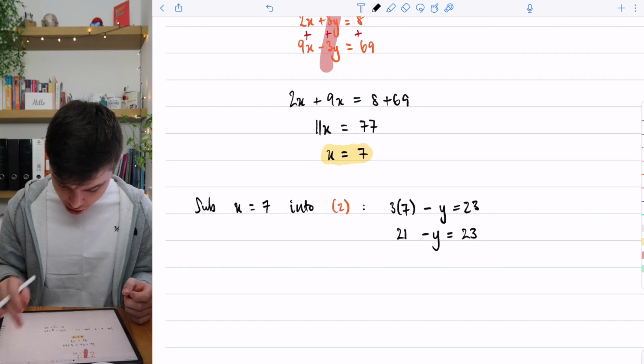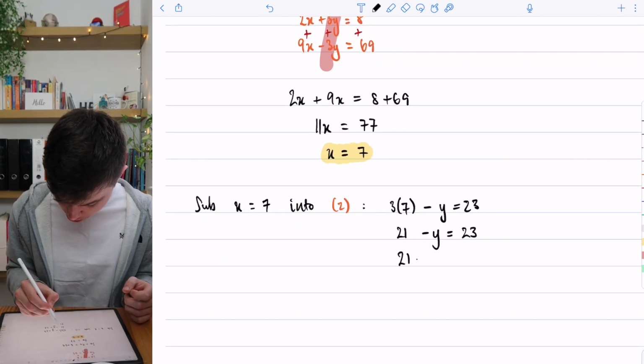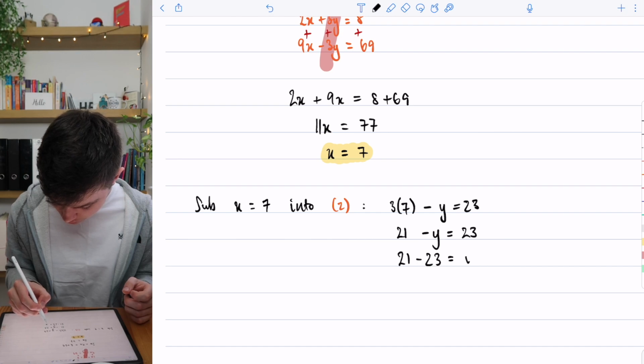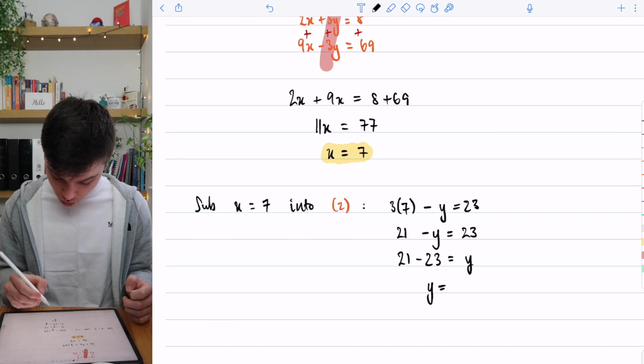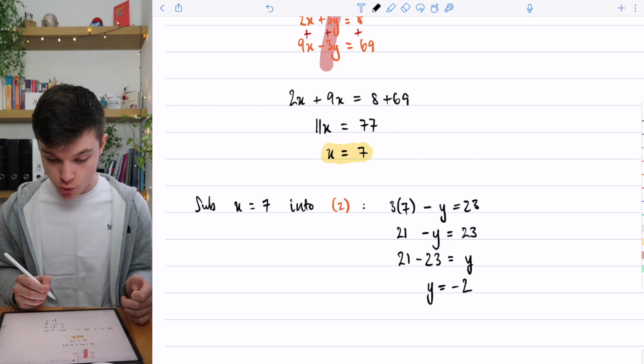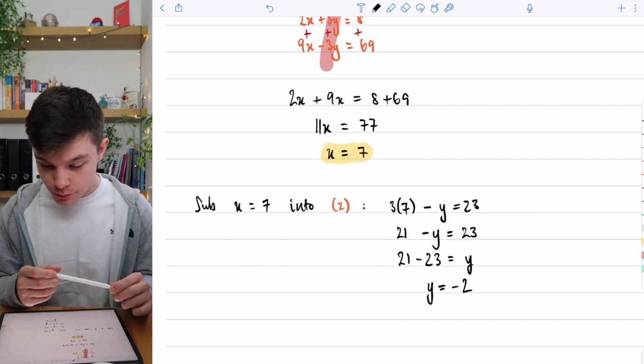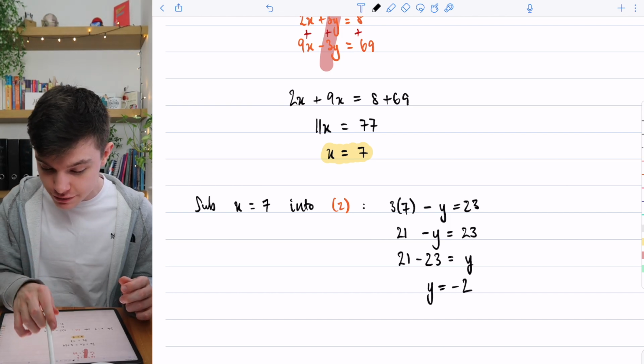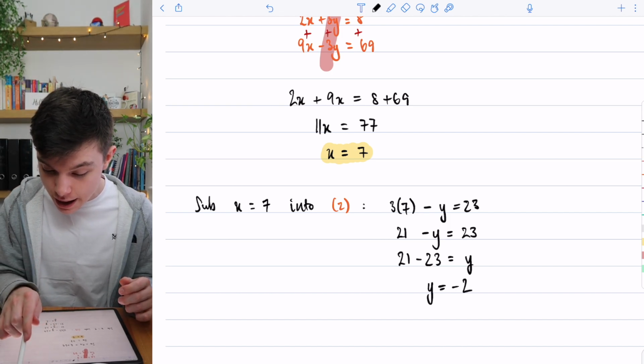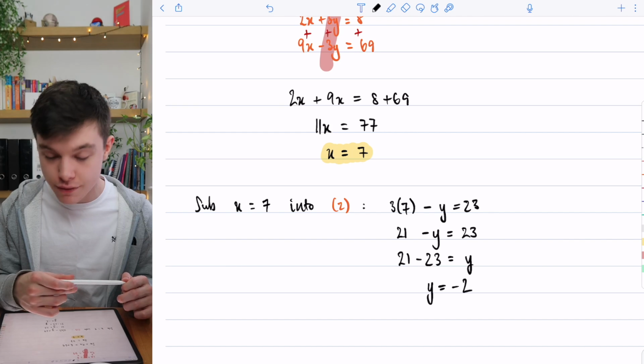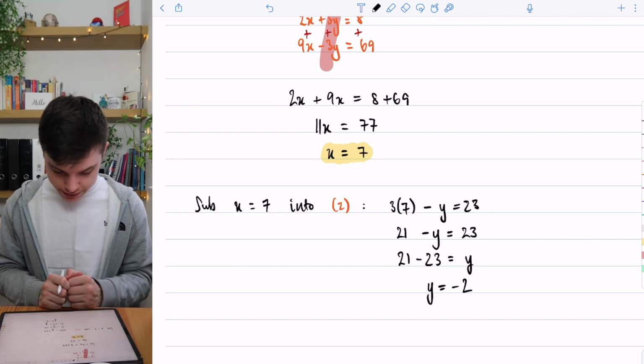Yes, I have. So we're going to have 21 minus 23 is equal to y. And with it, we will then get y is equal to minus 2. Okay. And I'm just checking I have done that correctly. Yes, that is correct. Perfect. Okay, so y is equal to minus 2.